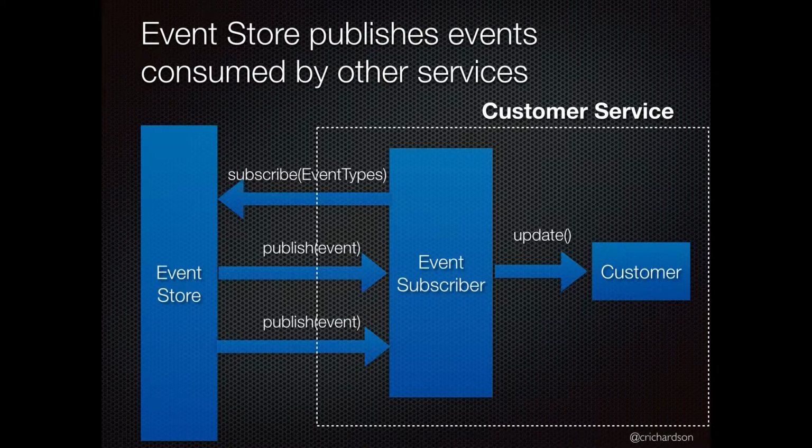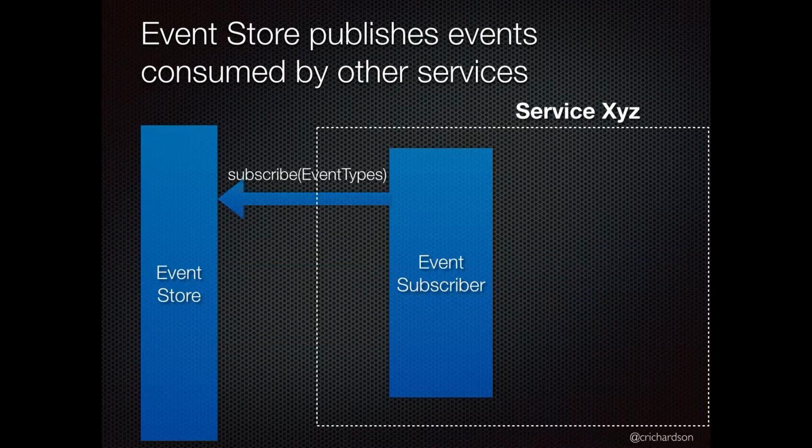So in this case, an order gets created. We actually go and do a credit check for that customer, which then publishes another event that gets consumed by the order service. Other services can also subscribe, but rather than update business entities, they can do other things.